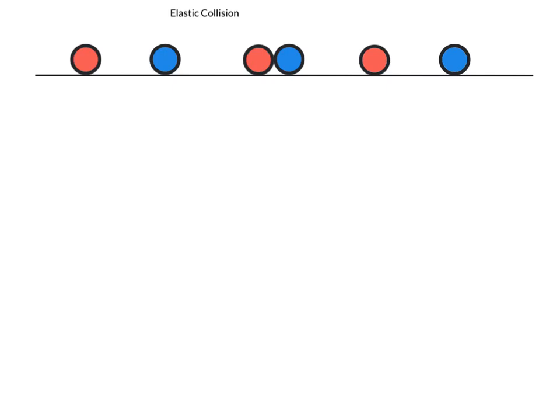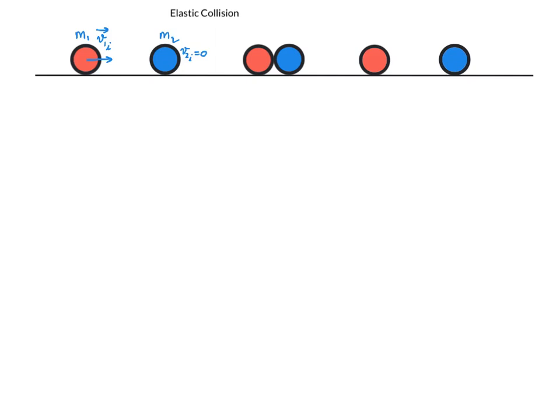So let's pretend that we're dealing with an elastic collision here. I'm going to say that ball 1, let's say the red ball, has mass 1, and let's say the blue ball has mass 2. So m1 has velocity v1 initial, and let's say that the velocity of ball 2 initial is 0. I'm going to simplify things as much as I can.